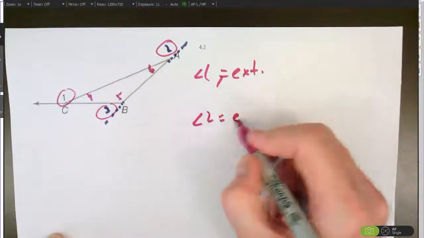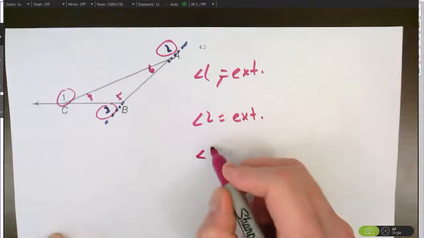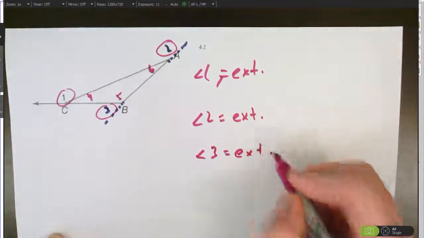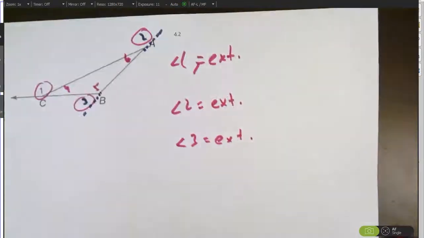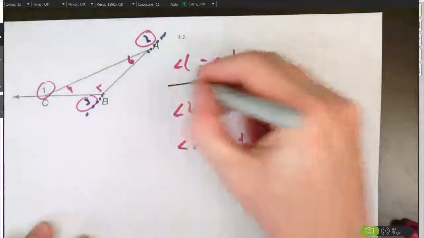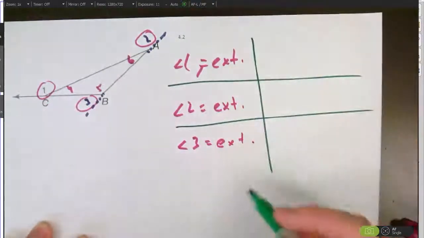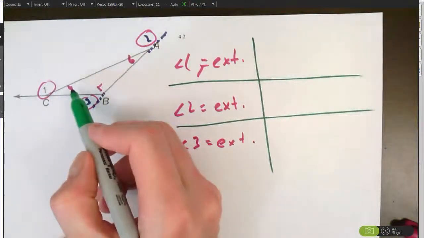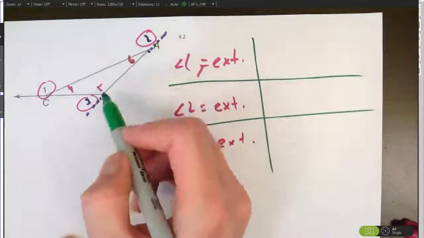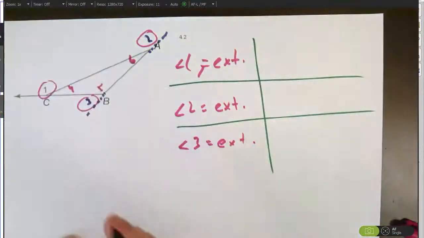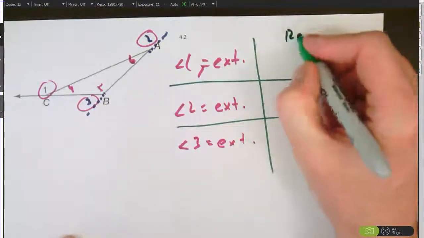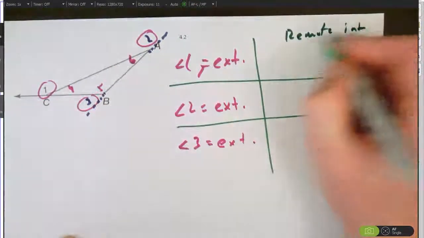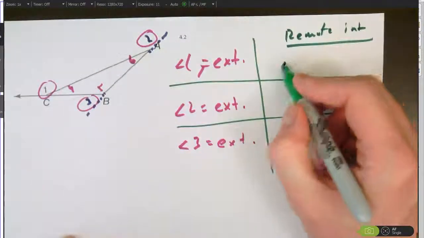Angle 2, exterior. Angle 3, exterior. But for angle 1, angle 1 is adjacent to angle 4. Its remote interior angles are 6 and 5. Remote just means away, like a TV remote lets you control the TV from away.